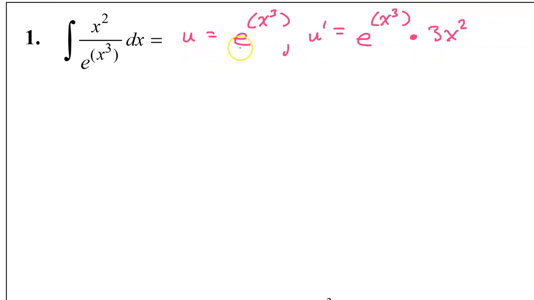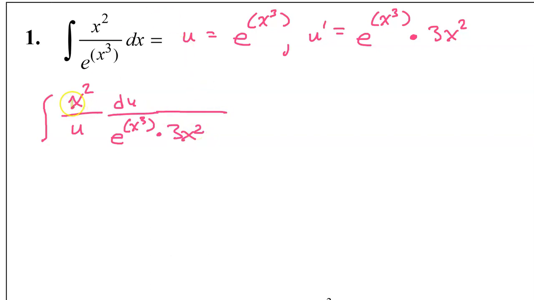Let's go ahead and do this substitution and see what happens. Instead of writing dx, we will write du over u prime. But remember, u prime is e to the x cubed power times 3x squared.